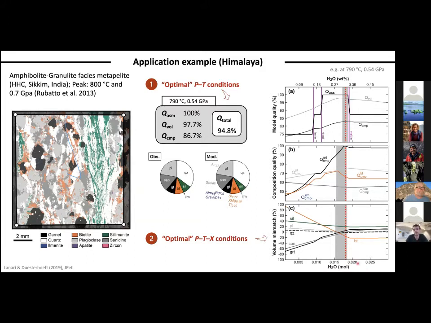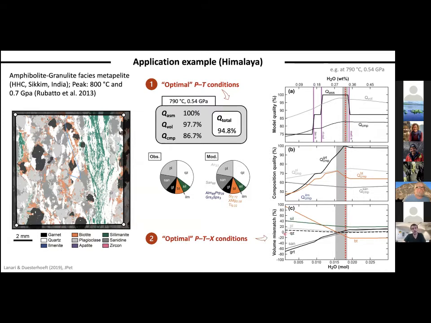It's similar to a TX diagram, except that this is a single PT. You can see how the model quality factors change with the changing amount of H2O in the bulk. You can look at individual phases, for example, and you can also compare the volume mismatch between the model and the observation. As biotite is the only water-bearing mineral, the optimal condition should be where you cross zero in this diagram.